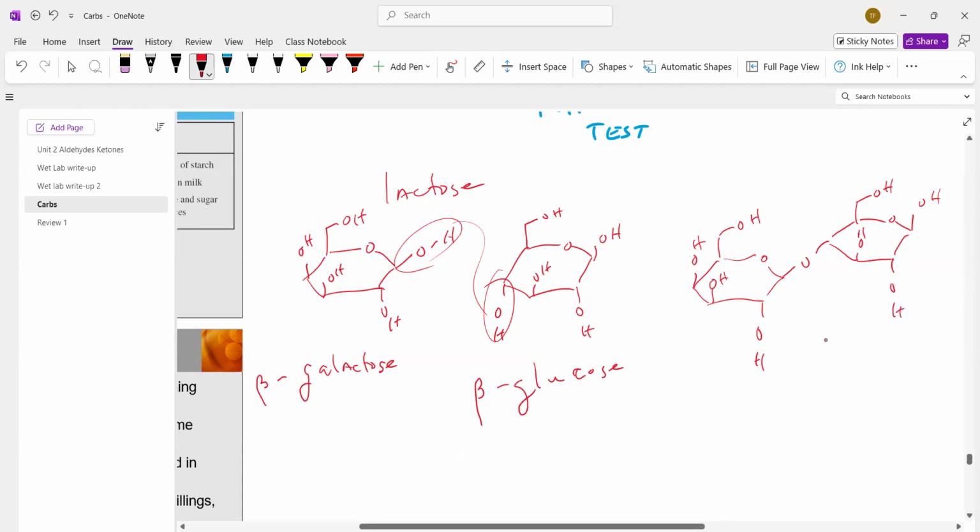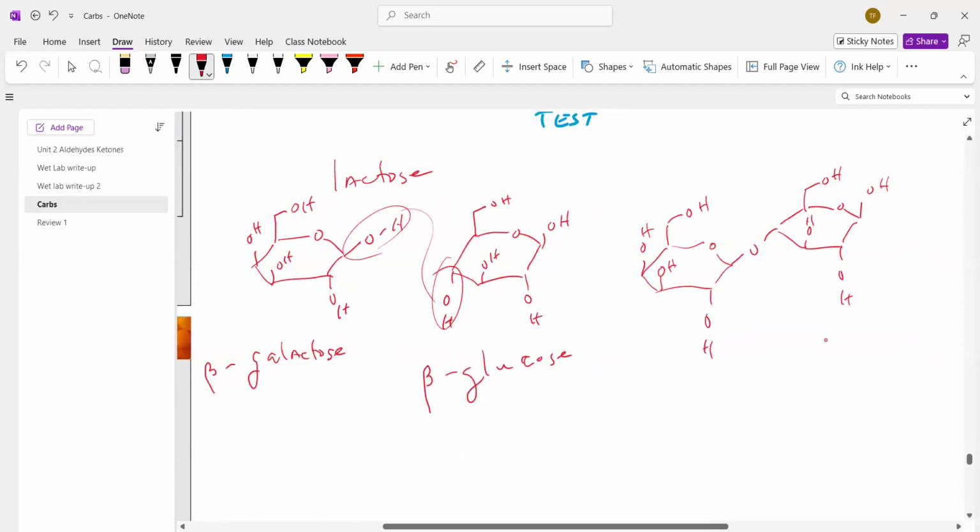Okay. So that's beta lactose. It's beta lactose as opposed to alpha lactose because of this hydroxyl group here on the right is going up.